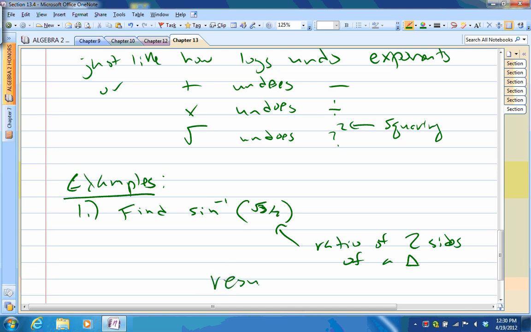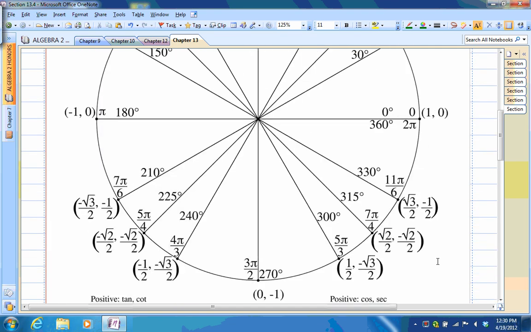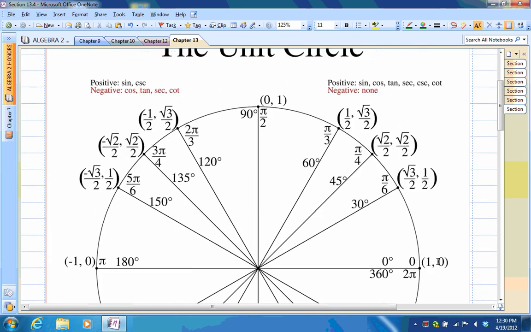And the result will always be an angle. So you look at the unit circle, where do you see root 3/2 for sine? If you think about it, remember sine theta is like y. Oh, what do you know? I see it right here, and I also see it right here.